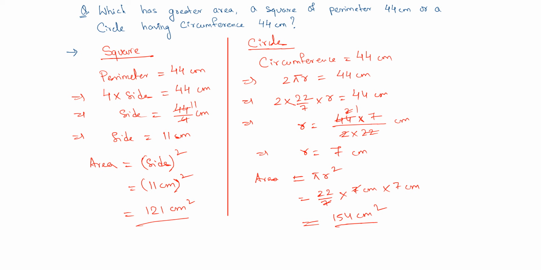So it is clear that the circle has a greater area. Therefore we can say after this calculation that the circle has the greater area. Okay, now let's move on to the next question.